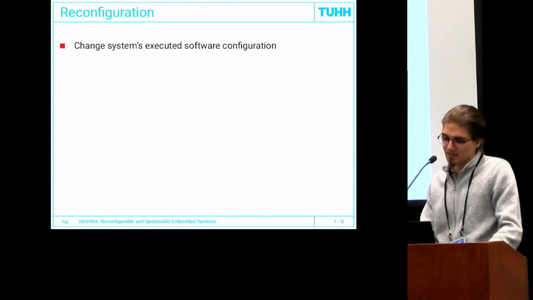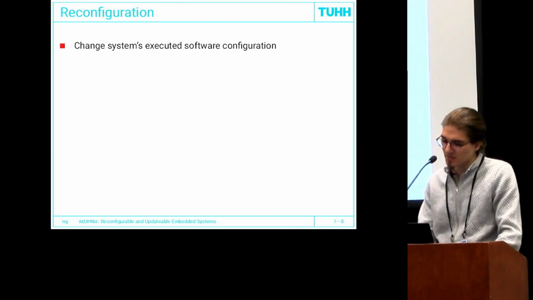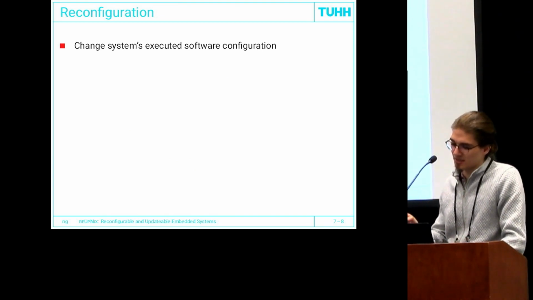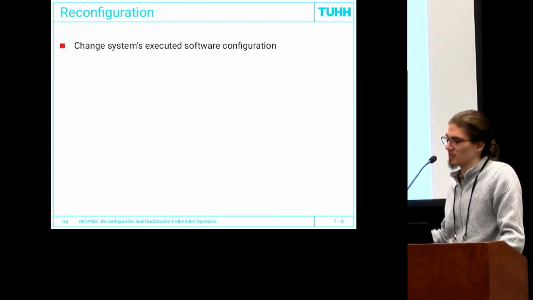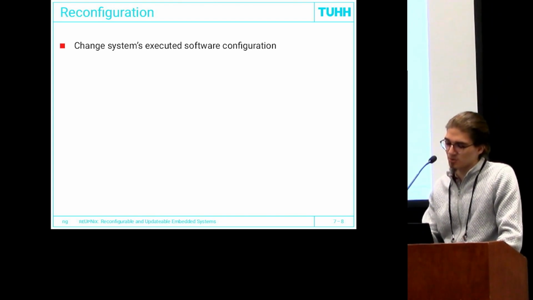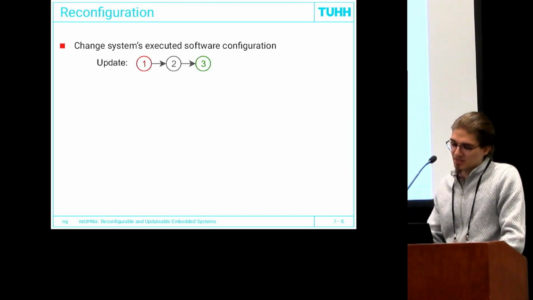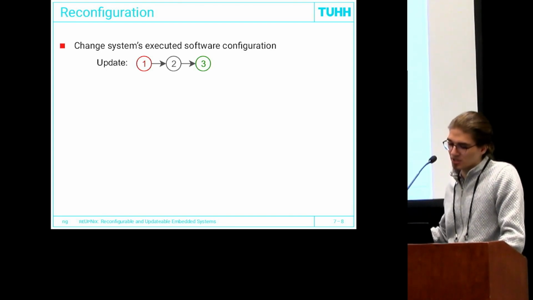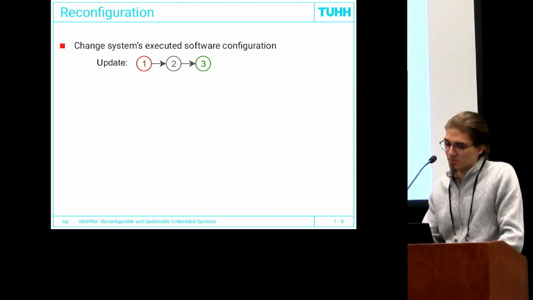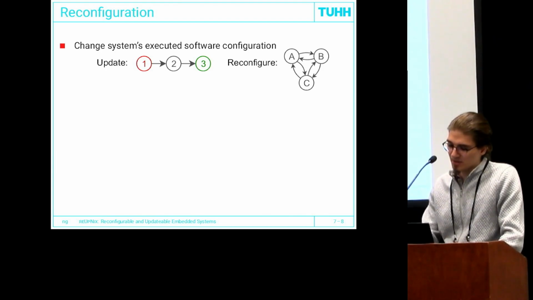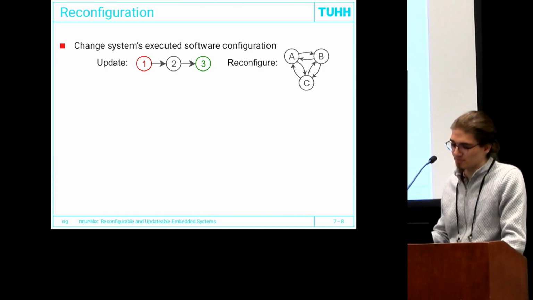Right, finally, for reconfiguration. Reconfiguration means that we want to change the software that our system is executing, or we want to change the configuration of that software. This is quite similar to updating the system software, but updates have a slow and linear progression, where new versions replace old ones, whereas reconfiguration should happen faster and freely between a set of configurations.